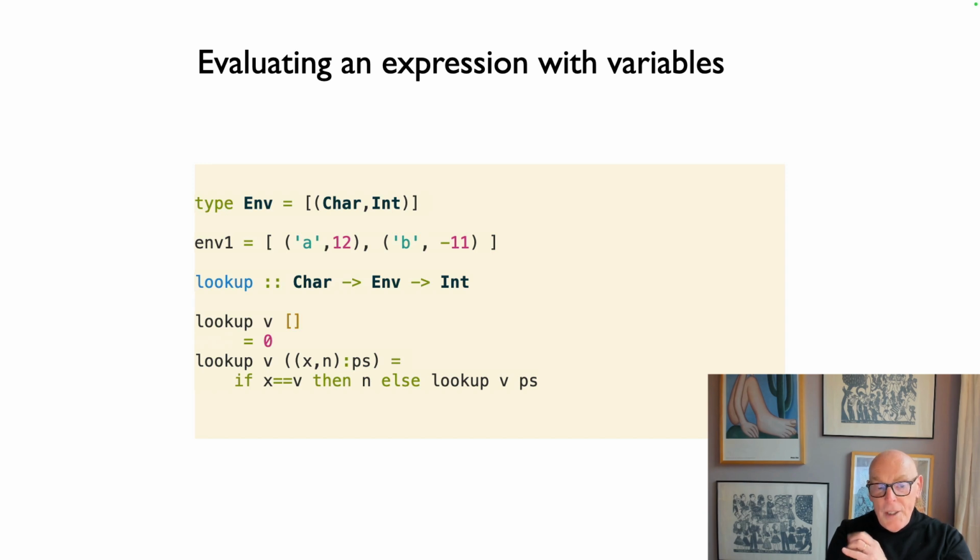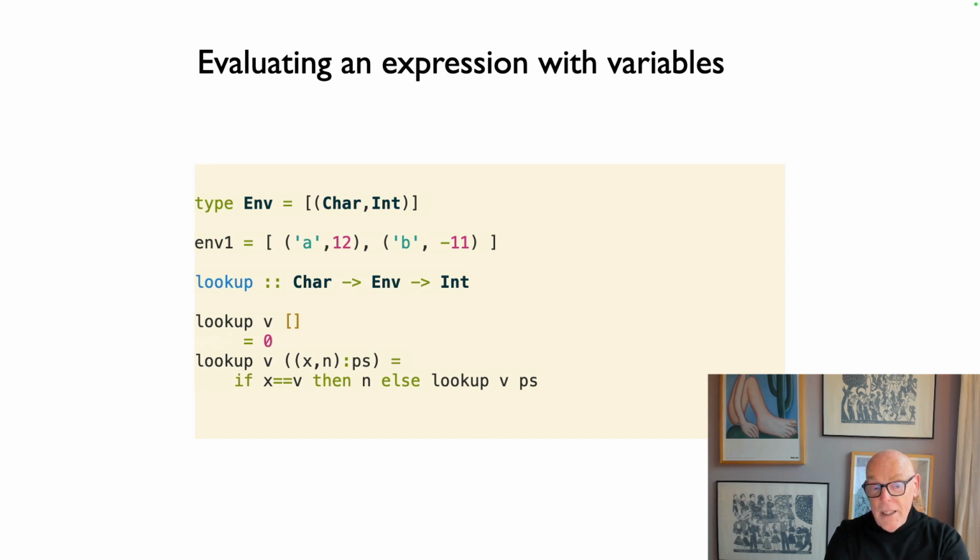But otherwise, if there are pairs in the list, how do we define the lookup function? Well, the first thing in the list will be a pair, and so we pattern match that against x, pair xn. So the first thing in the list says x has the value n. So if the variable we're looking for, v, equals x, then we've found our answer. It's n. Otherwise, if v isn't x, we have to look in ps, in the remainder of the list.